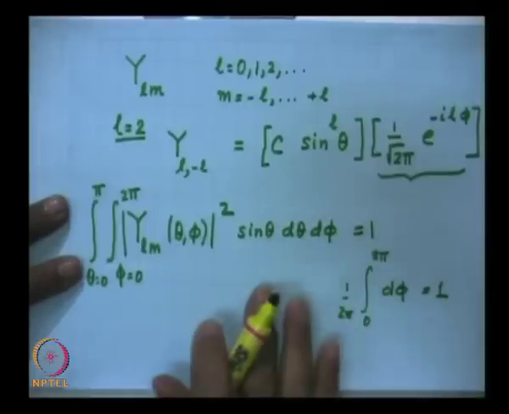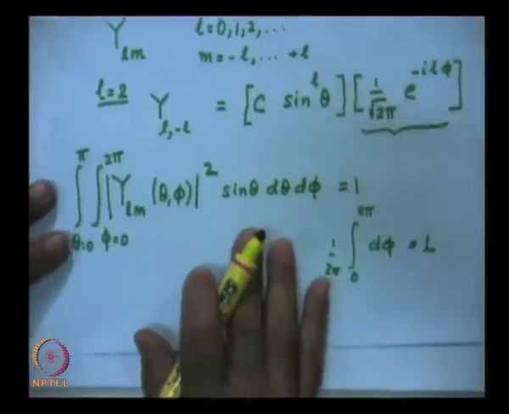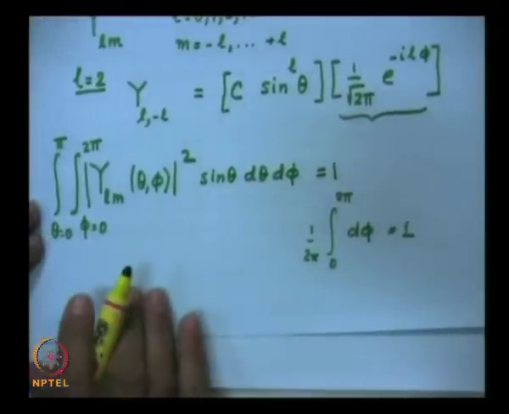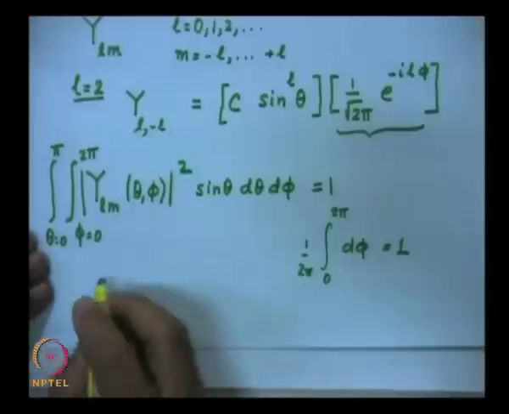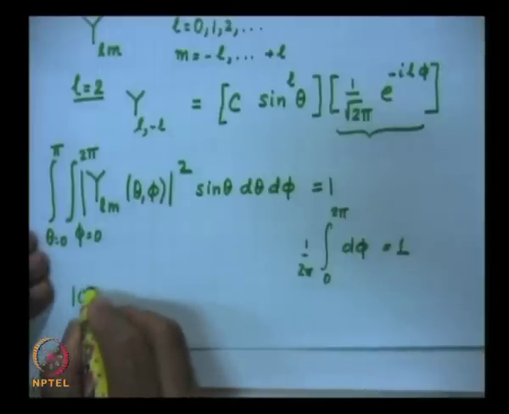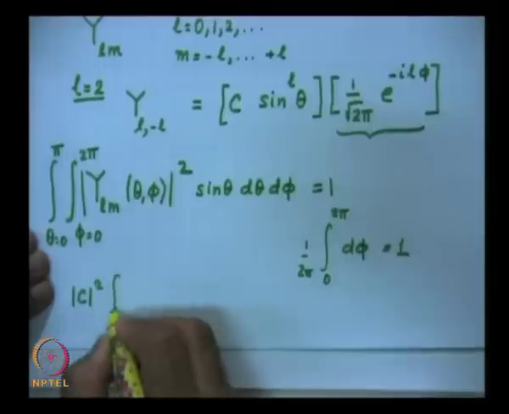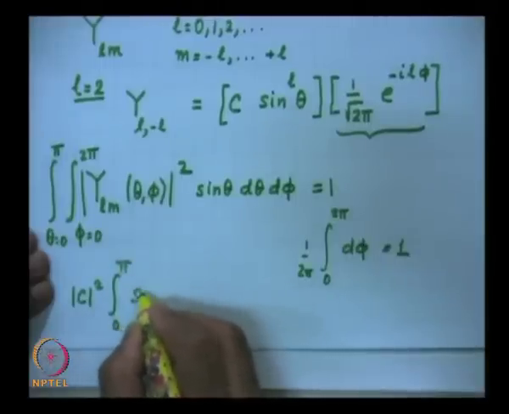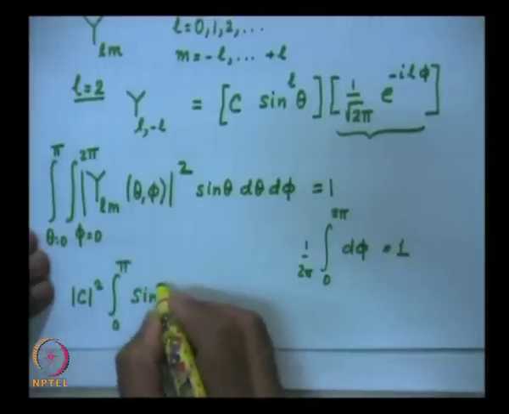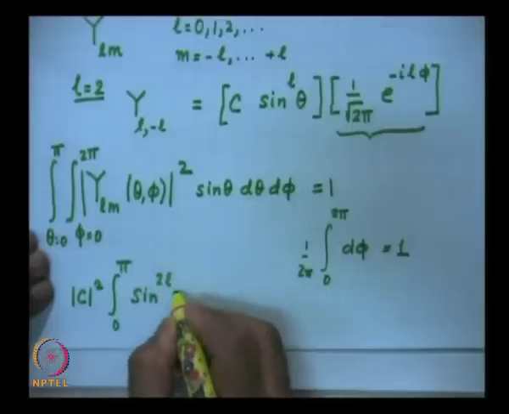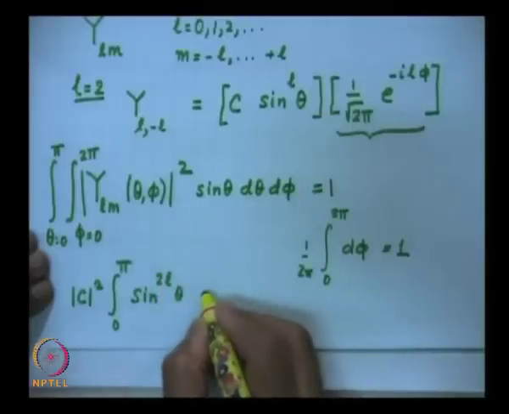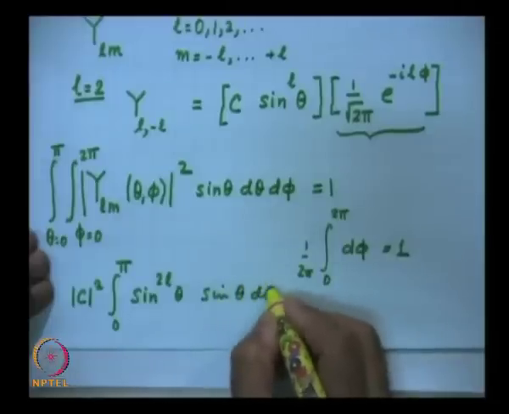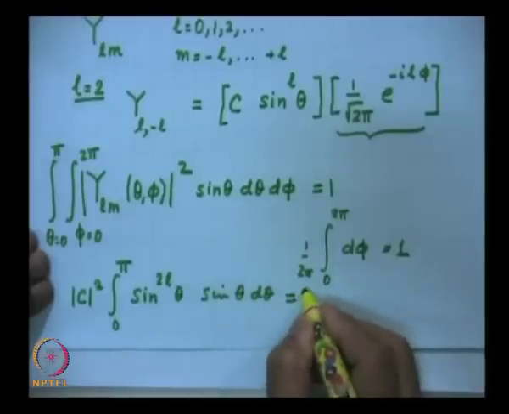So, we are left only with the theta part, and therefore the normalization condition becomes mod C square times the integral from 0 to pi of sine of 2L theta times sin theta d theta should be equal to 1.